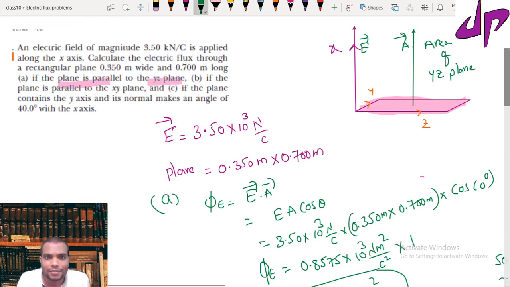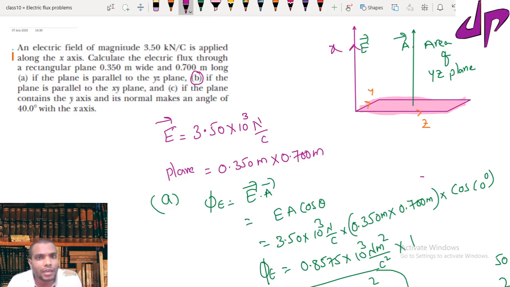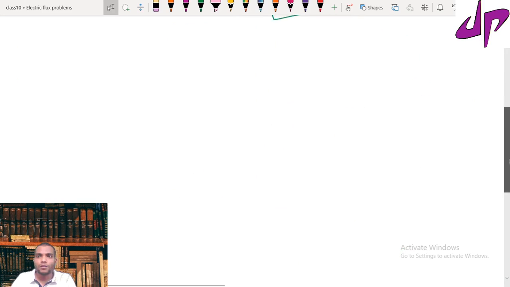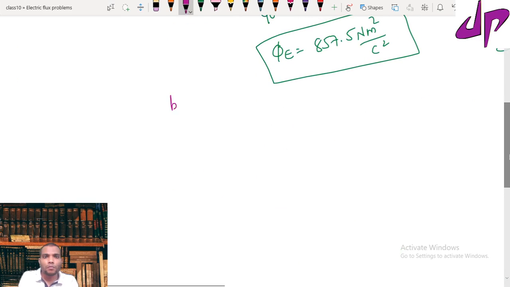Now for the second case, if the plane is parallel to the xy plane, that is the second case. For that, you can make the figure, then it's easy to do.